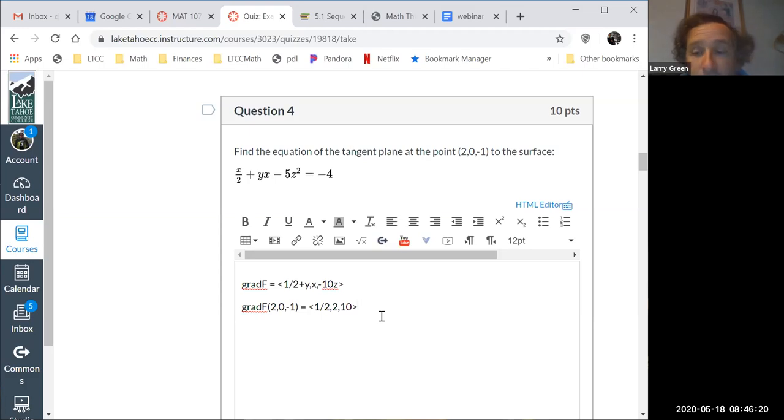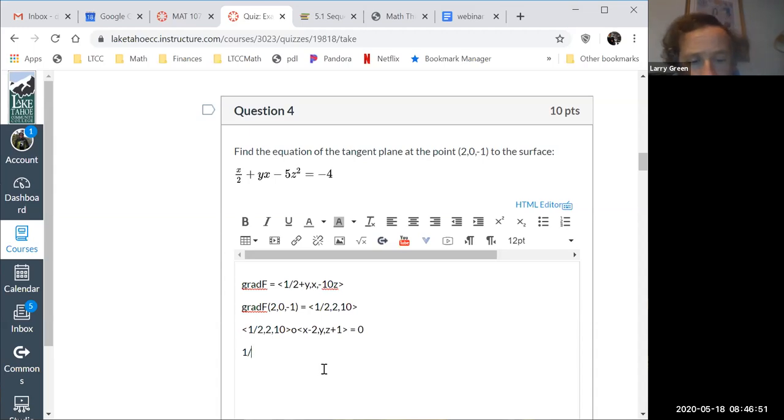You always know the normal vector is orthogonal to a vector in the plane. So that means if we take the vector 1/2, 2, 10, and dot it with x minus 2, comma, y minus 0, which I'll just write as y, comma, z minus negative 1 or plus 1, we're supposed to get 0.